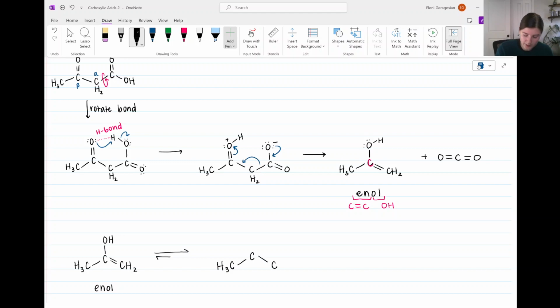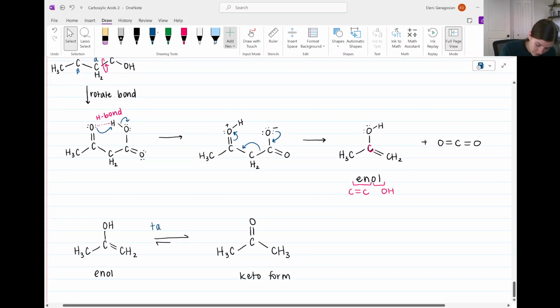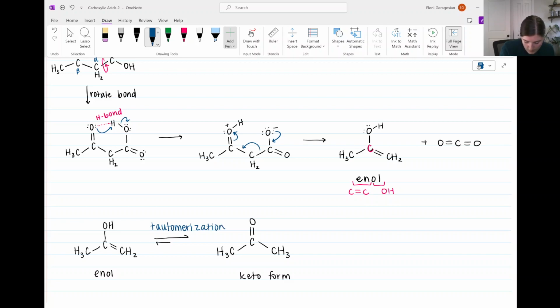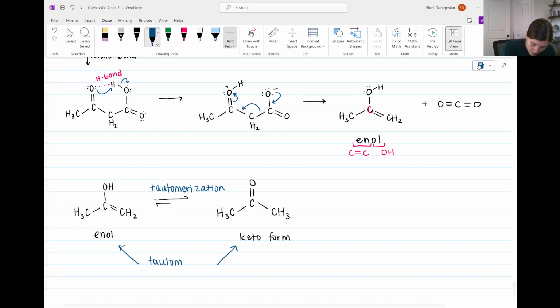We still have 3 carbons bonded in a row. But now the double bond will be to oxygen, and instead of a CH2 group on the right, we have a CH3. So this is the keto form of that specific enol that we've shown on the left. And this is called tautomerization. And we say that this enol and this ketone are tautomers of each other. So in future videos, we'll talk more about these tautomers and tautomerization.